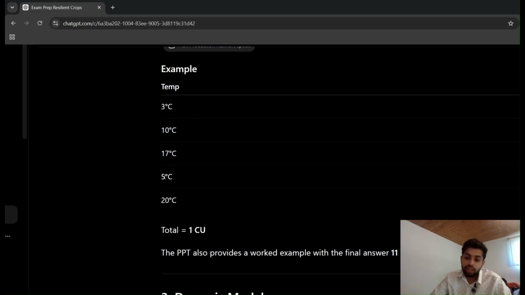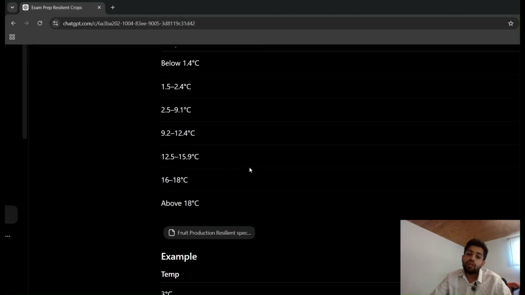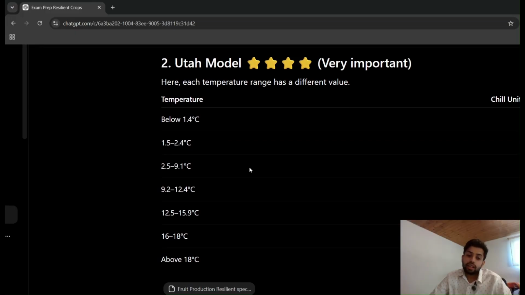For 5 degrees Celsius it is plus 1, but for 20 degrees Celsius it is minus 1. So when we add and subtract, the total over these 5 hours is only 1 chilling unit.